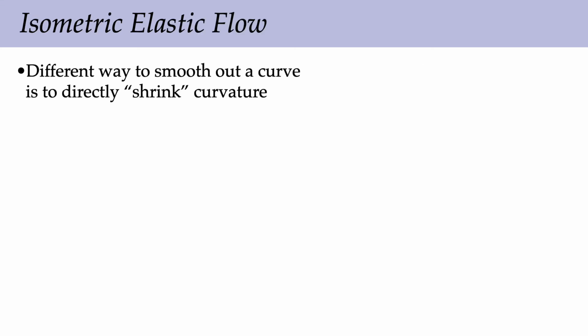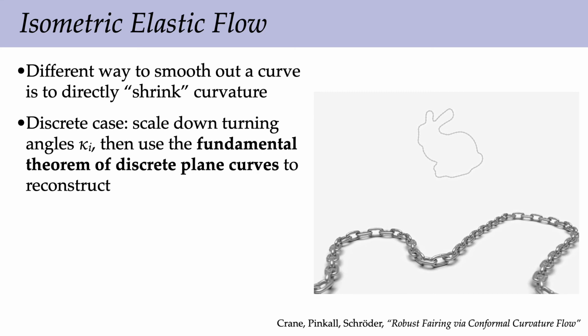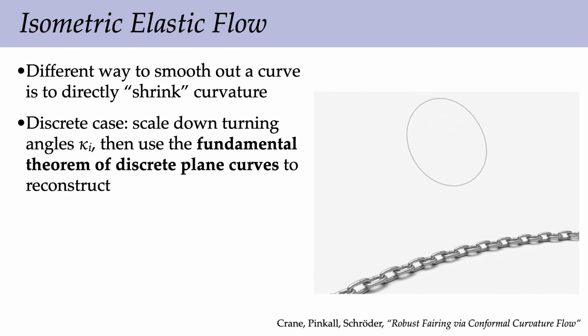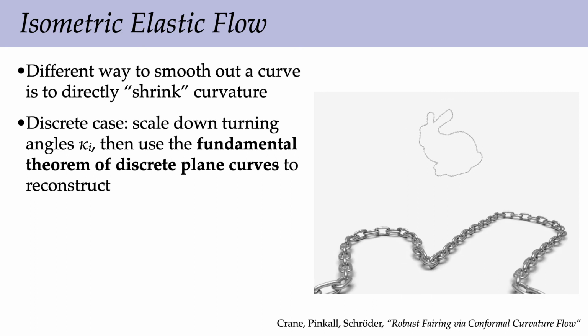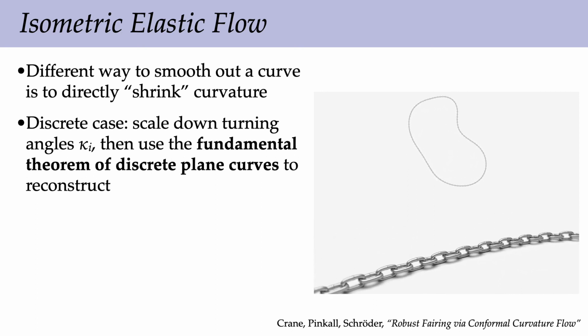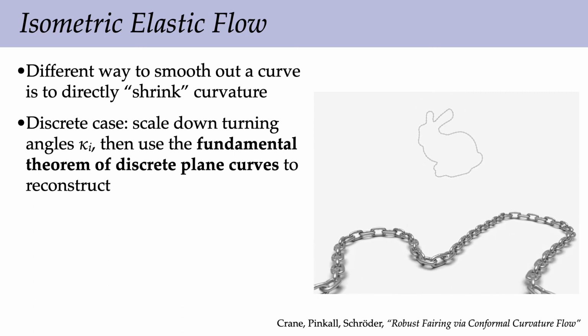A different way we could think about smoothing out a curve is to think about the fundamental theorem of discrete plane curves. Rather than trying to take a gradient of this energy with respect to the vertex positions, which sounds pretty complicated to do, you could say, look, I just want to make the curve smoother. I know the angles, and I know how to reconstruct the curve from the angles.